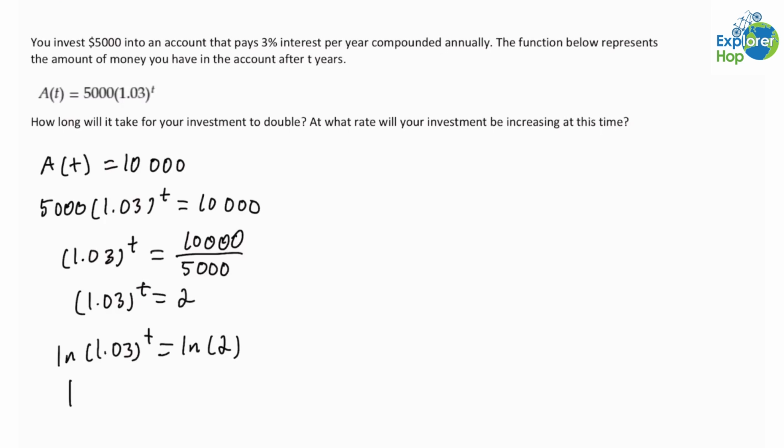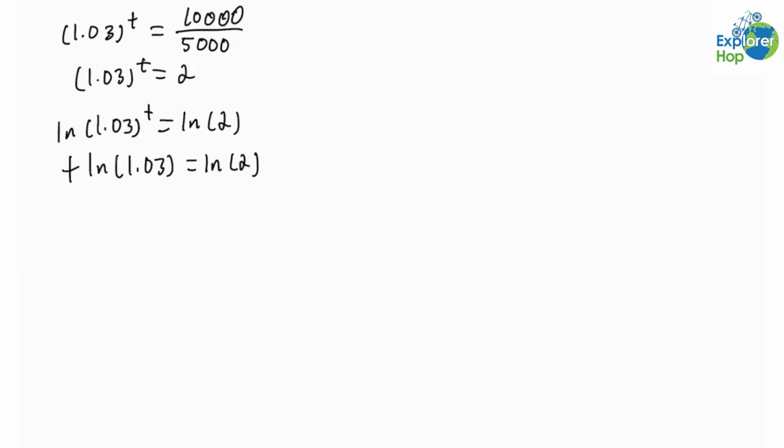So t times ln of 1.03 equals ln of 2, which means that t is equal to ln of 2 over ln of 1.03. And this is approximately equal to 23.45 years.